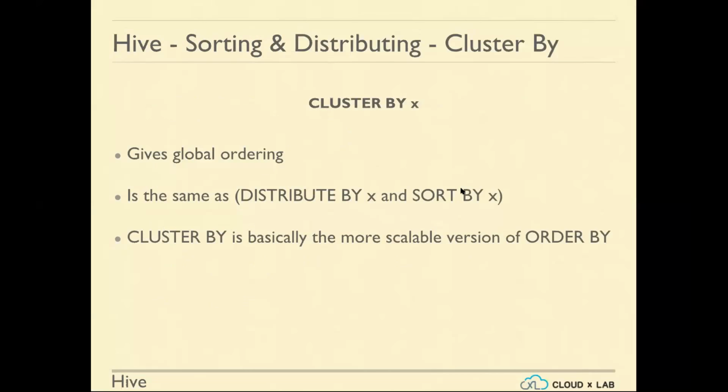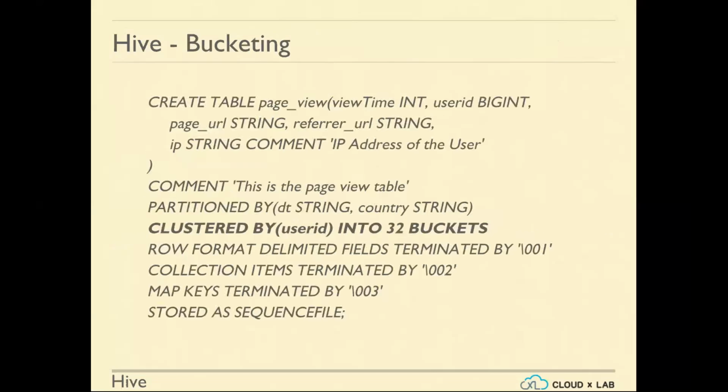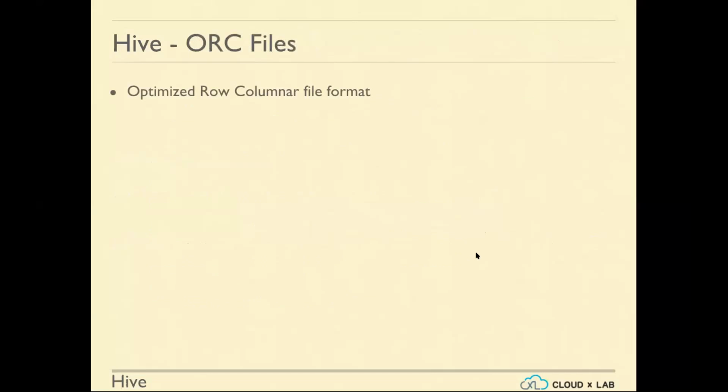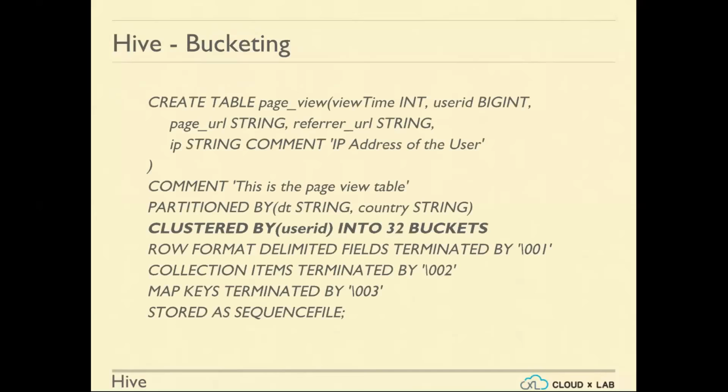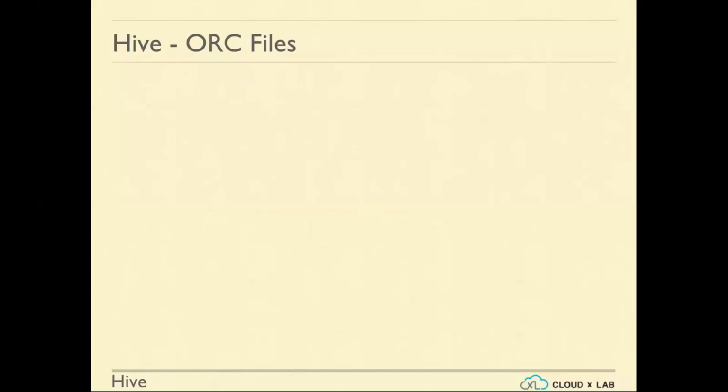So in simple words, when you want to sort humongous data, use cluster by instead of order by. There is an idea called bucketing. While defining cluster by, you could say into 32 buckets. This is equivalent to saying use 32 reducers. The other idea with respect to ORC in Hive is that we could create tables in which we could update the rows, update the cells, and insert records.